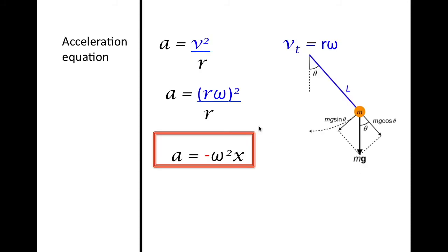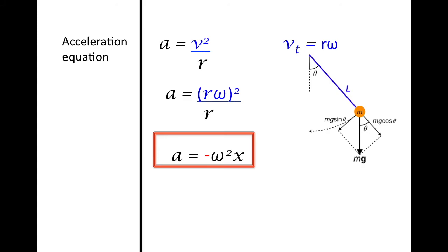In order to find the acceleration equation for simple harmonic motion, we need to take the circular motion equation, which is a equaling v squared divided by r, and what we already know, which is the velocity, equaling radius times omega. When we plug that into the acceleration equation for circular motion, we get a equaling r omega squared divided by r, which then the r's cancel, and we are left with a equaling omega squared x.